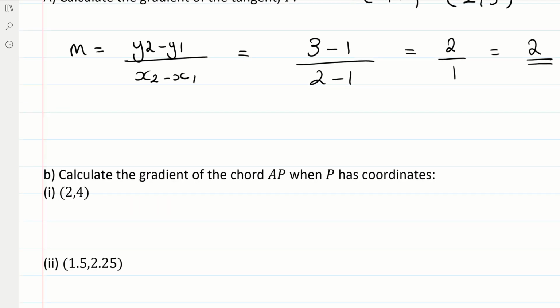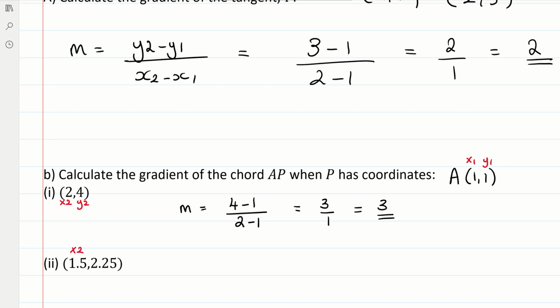So A is never changing, A is 1, 1, and I'm going to use that as my x1, y1, and this is going to be my x2, y2. So the gradient here is going to be 4 minus 1 over 2 minus 1. So that's 3 over 1. So the gradient is 3. You can see every time you use a different coordinate, it will change.